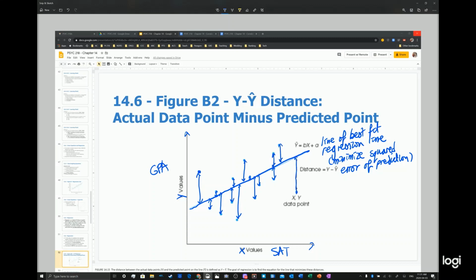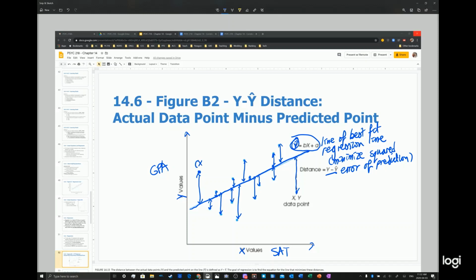Each of these points here is going to be your distance, y minus y hat. The regression line here has the y hat, not y, because we are using predicted y values, which most of the time are not actual y values.